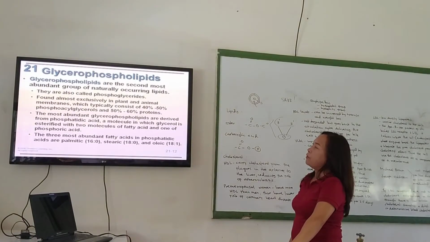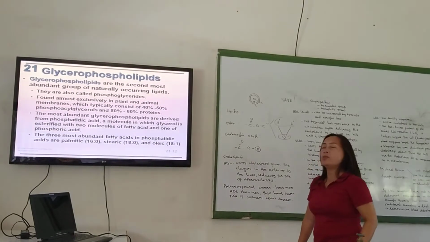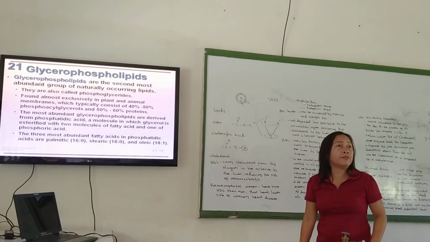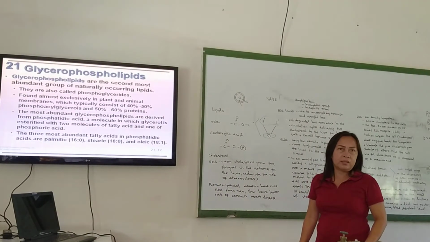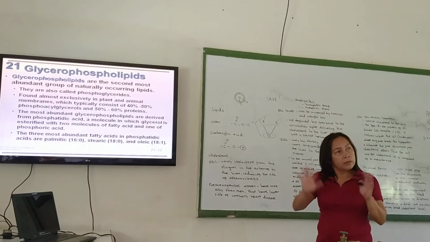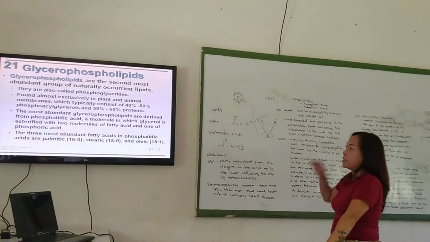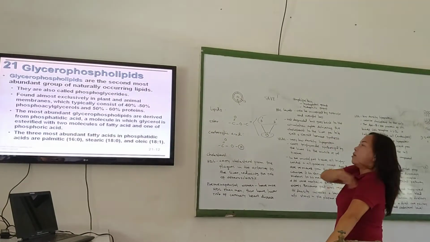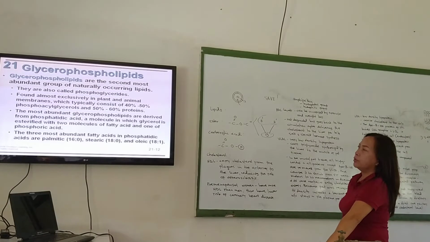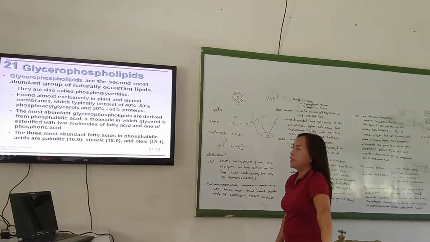As I have said, it is almost 50-50 lipids and proteins, but the other molecules are bonded with either lipids or proteins. The most abundant glycerophospholipids are derived from phosphatidic acid, a molecule in which glycerol is esterified with 2 molecules of fatty acid and 1 phosphoric acid.